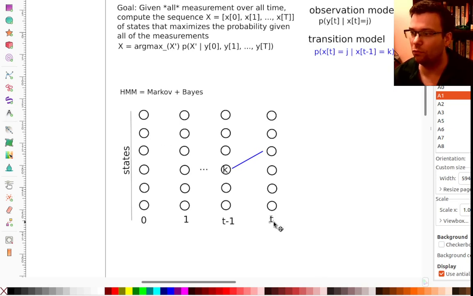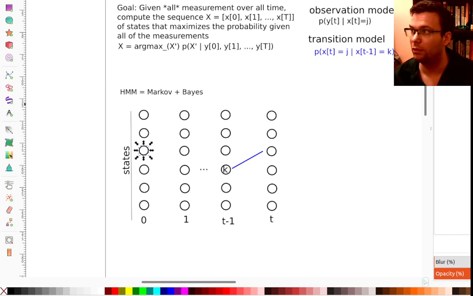What we're trying to find here is a sequence of states that maximizes the probability. Maybe I chose that state, and then I went to that state, and then that state, and that state. So there's one possible path.